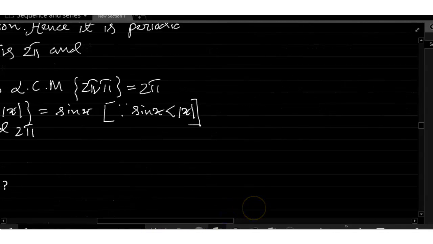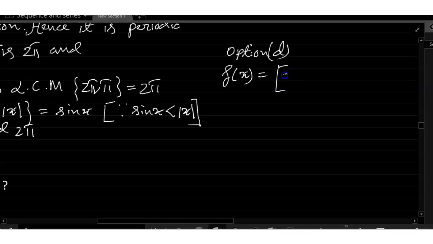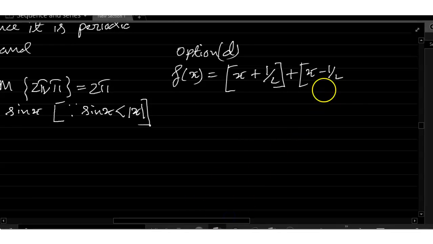Now for option D, f(x) is equal to greatest integer of x plus half plus greatest integer of x minus half plus 2 into greatest integer of minus x.